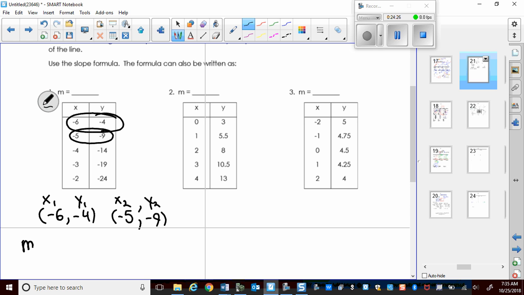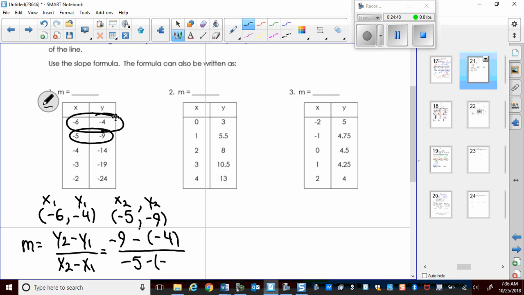So m equals y2 minus y1 divided by x2 minus x1 equals -9 minus (-4), close parentheses, over my x's, -5 minus (-6), close parentheses.